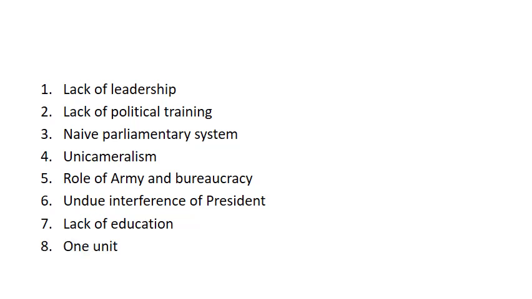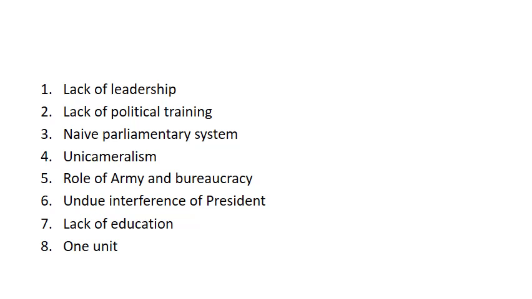And one unit: this scheme was introduced by Chaudhry Muhammad Ali in 1955. On 14th October 1955, all four provinces of West Pakistan were merged to make a single province.